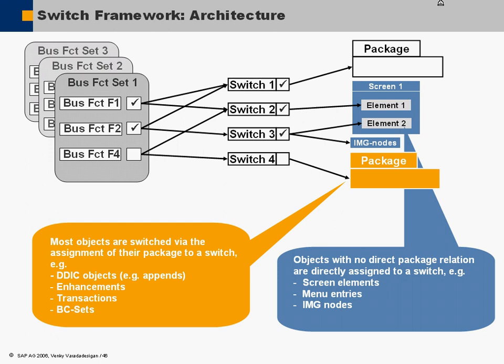So technically it is possible to include business functions of other industry solutions, because in this way we don't define something called an industry solution. In the switch framework we just define everything as business functions. For example, a retail function could be a functionality of the IS retail industry solution, but it's technically possible to include it in an active business function set, even though the customer could be an IS oil customer.